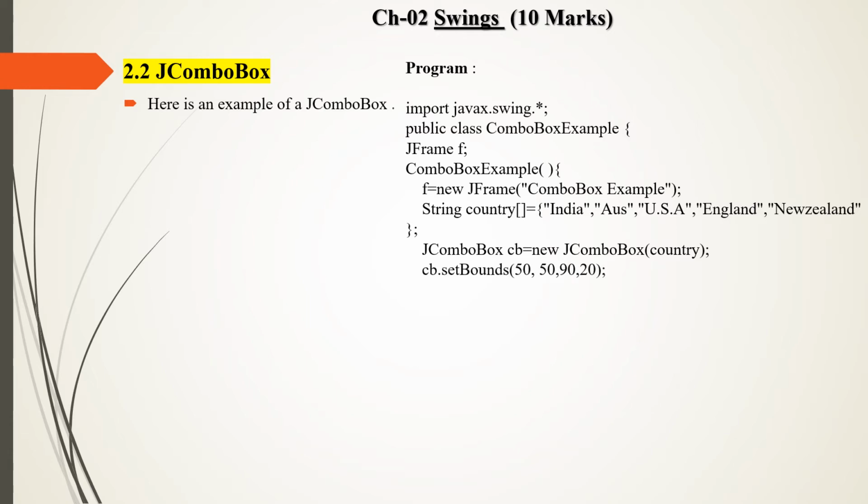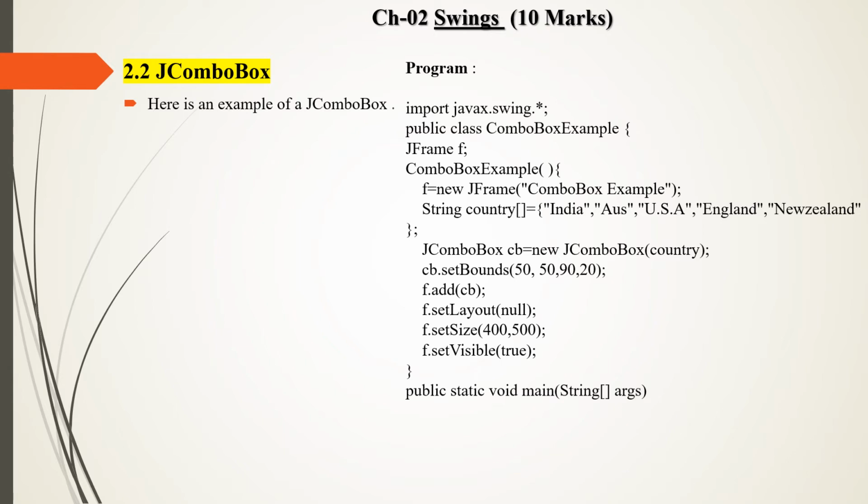Next, we set the position of the combo box by the method setBounds. Then we add the combo box into the frame. Next, we set the layout of the frame. Then we set the size of the frame by the method setSize. Then we set the visibility of the frame by the method setVisible.